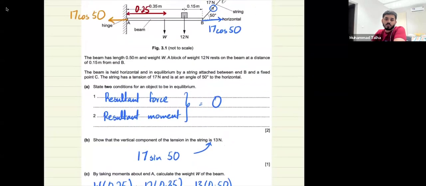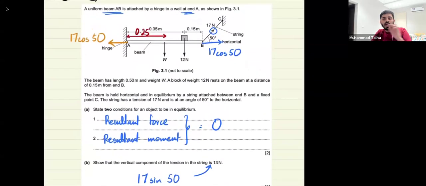And for this to still be in equilibrium, the anti-clockwise must also go down so that it's still equal to the clockwise moment. Here, the anti-clockwise moment was produced by this component of the tension, right? So basically the tension has to go down. So if this tension goes down, then these horizontal components also go down. So that's the reasoning here.